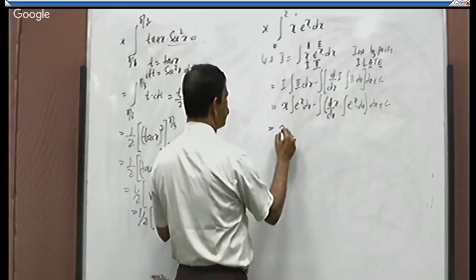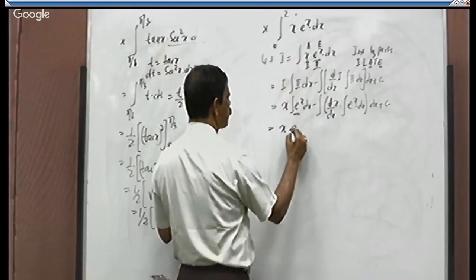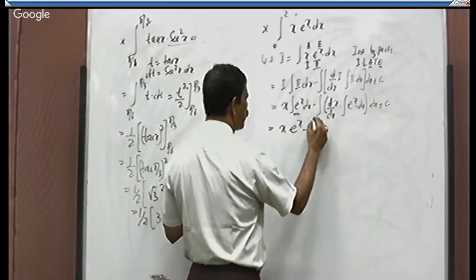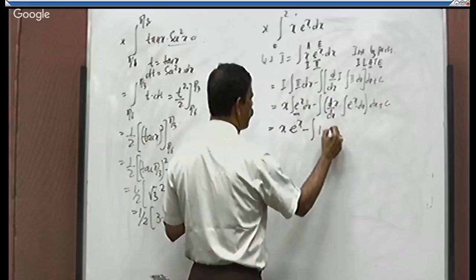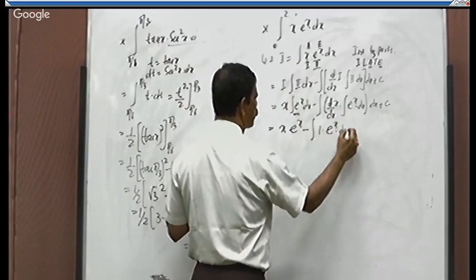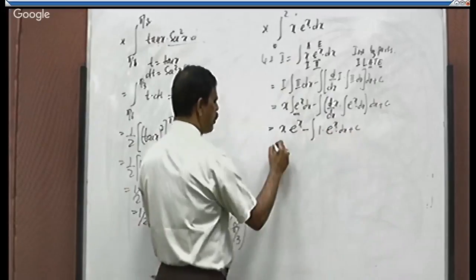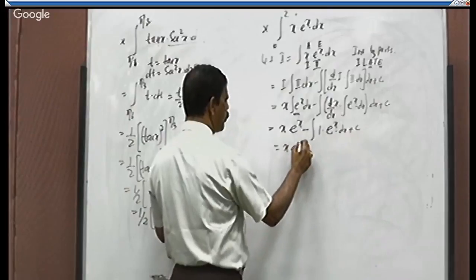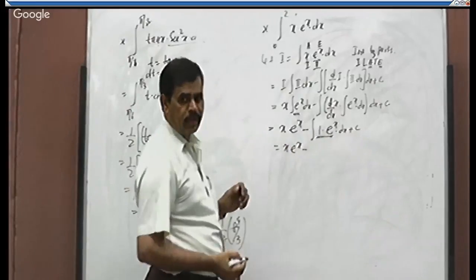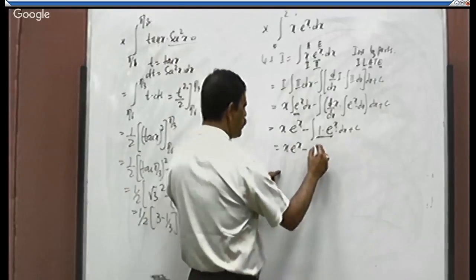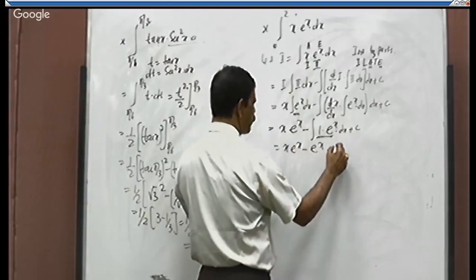See, keep x as it is. Integration of e power x is e power x, minus integral of differentiation of x, which is 1, into integration of e power x, which is e power x, plus c, or x into e power x minus 1 into e power x, which is e power x only, plus c.